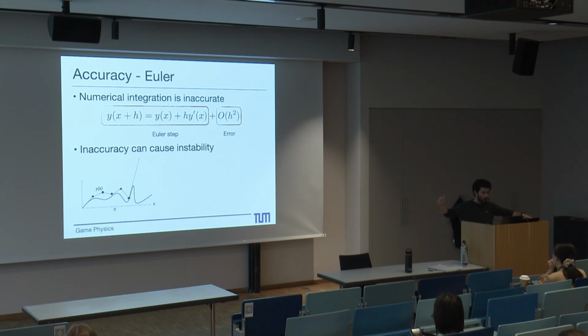Of course, one could say, but you just need to take a smaller step. And you would be right. In fact, this error, as you can see, is proportional to the size of h. So the smaller h is, the smaller the error.